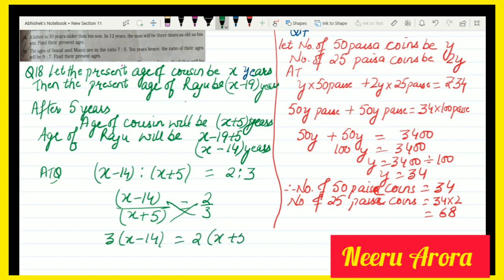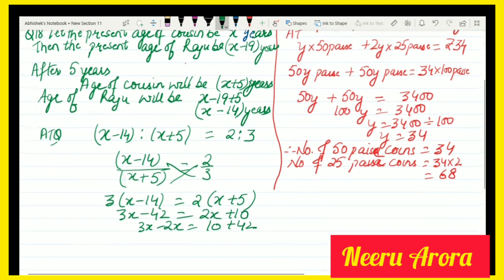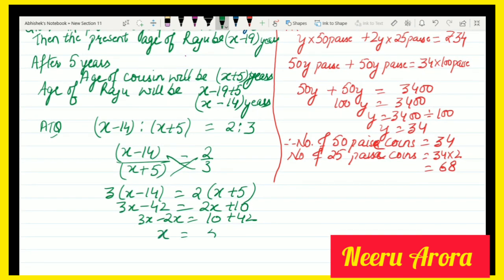2 into x plus 5, 3x minus 42, 2x plus 10. Now separate the variables and constants. 10 plus 42, that is equal to x, so x is equal to 52. Therefore the present age of Raju's cousin is 52 years.